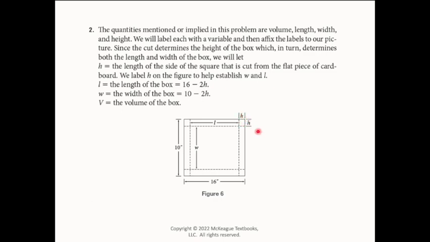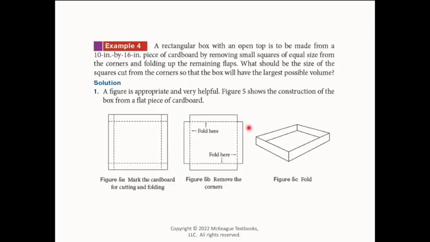They're the same because they're squares, and the author of the book is labeling it h because, let me go back a slide. These are the dimensions right here, where my laser pointer is, that we're going to cut out. When we fold it up, that length and width of the square that we cut out is going to be the height of the box.